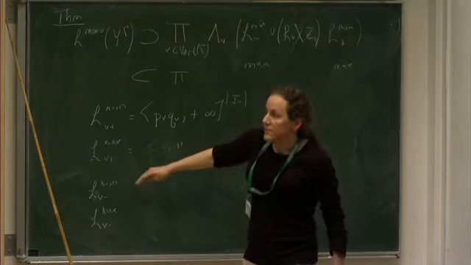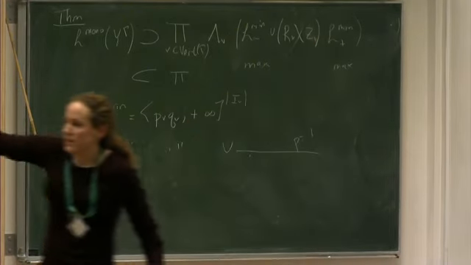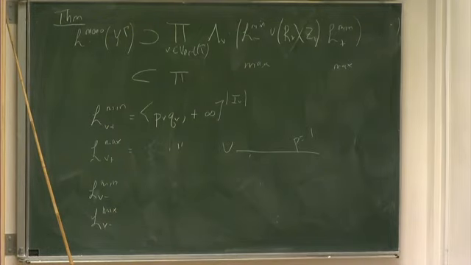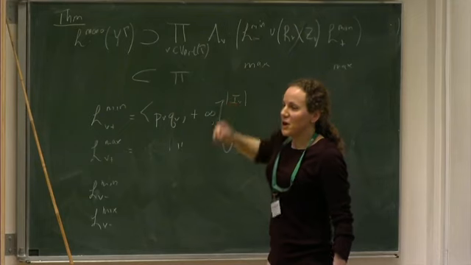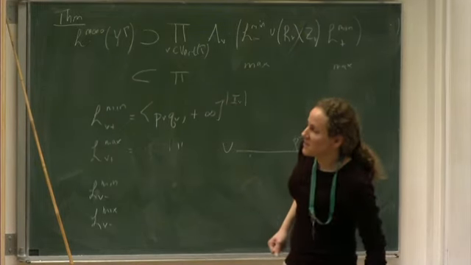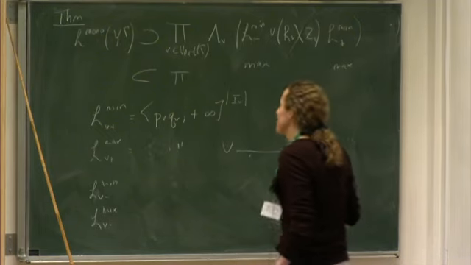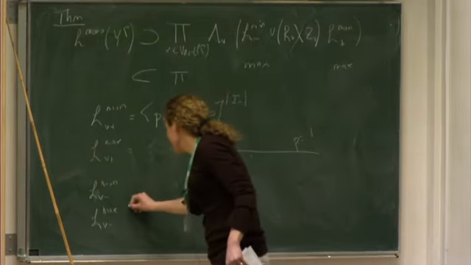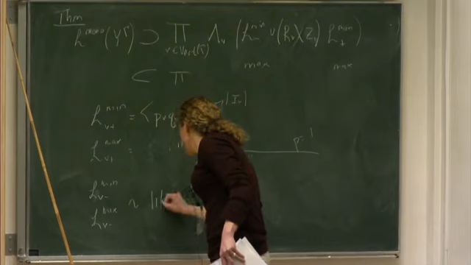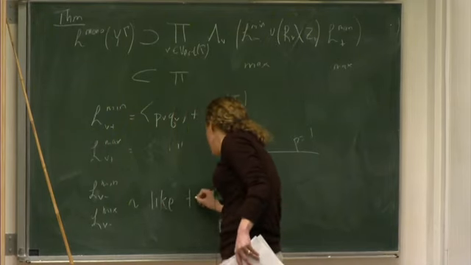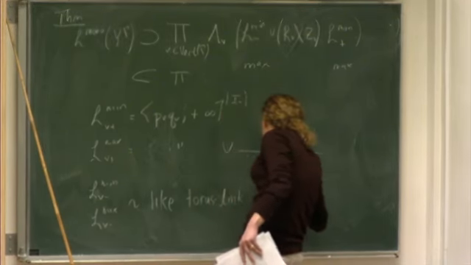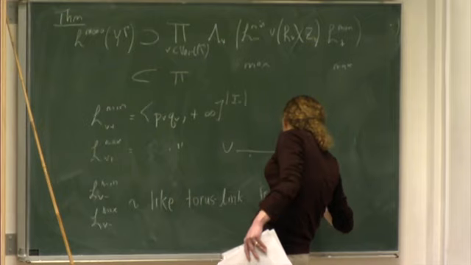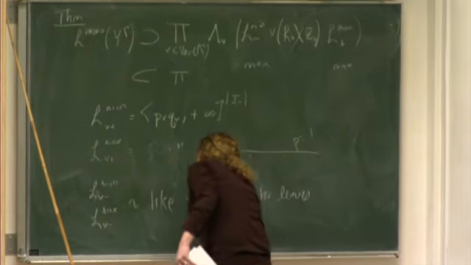It lands inside this neighborhood that the lambda action goes in. So there's something there, but it's not very big. So maybe I should say it's like torus link for leaves and small otherwise.